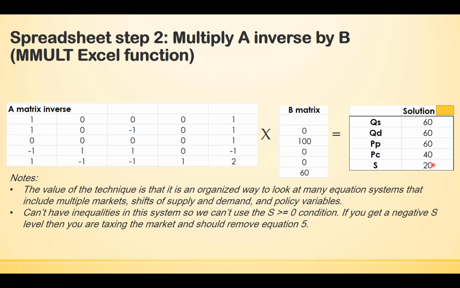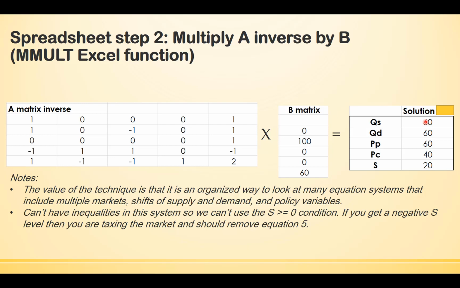And I'm not going to tell you how to do that either, but if you're curious, it's 1 times this plus 0 times this plus 0 times this plus 0 times this plus 1 times this, and that gives you the first cell. So that's another little tedious operation.